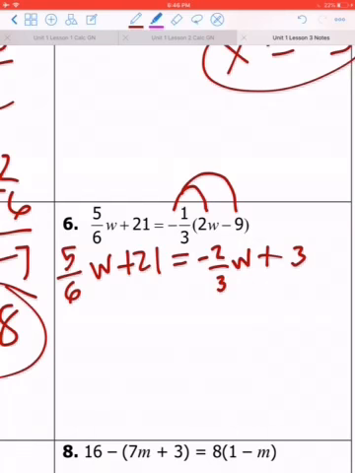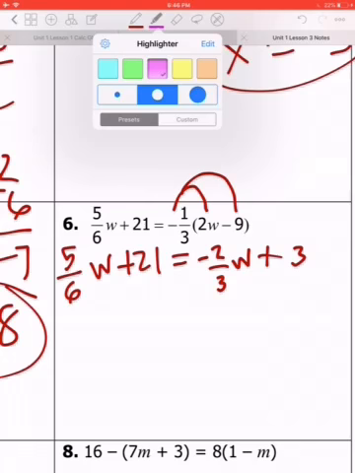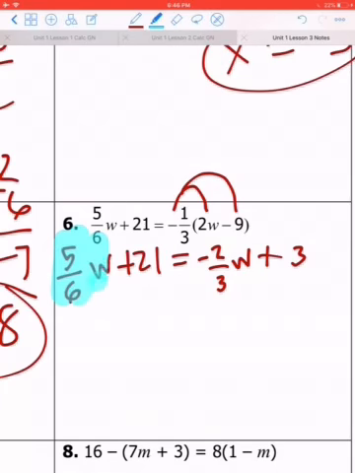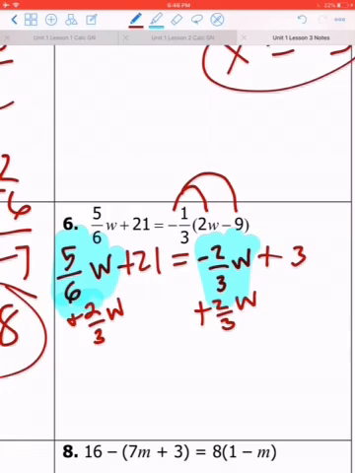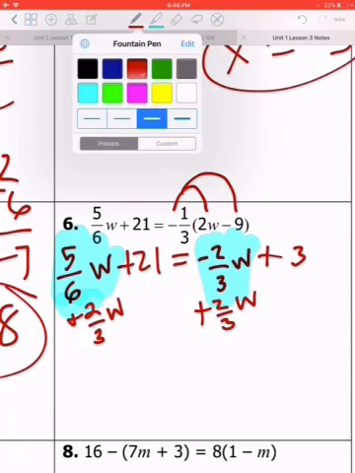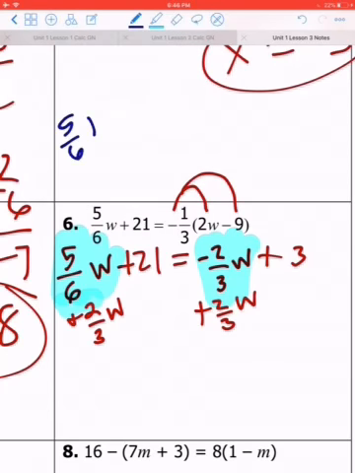Okay, and now we need to combine our w terms. So I try to pick the variables to move to the side where they will stay positive by choosing the bigger value. 5/6 is bigger than negative 2/3, so I'm going to add 2/3 to both sides. This is that step where we're moving the variable to one side. On the side with 5/6 and 2/3, you can definitely use your calculator as long as you change it to a fraction.